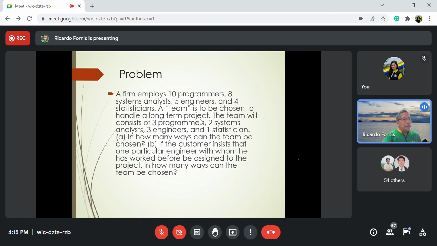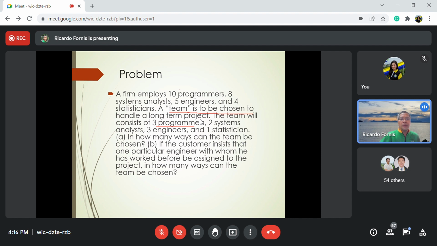Here is another problem. A firm employs 10 programmers, 8 systems analysts, 5 engineers, and 4 statisticians. A team is to be chosen to handle a long-term project. The team will consist of 3 programmers, 2 systems analysts, 3 engineers, and 1 statistician.